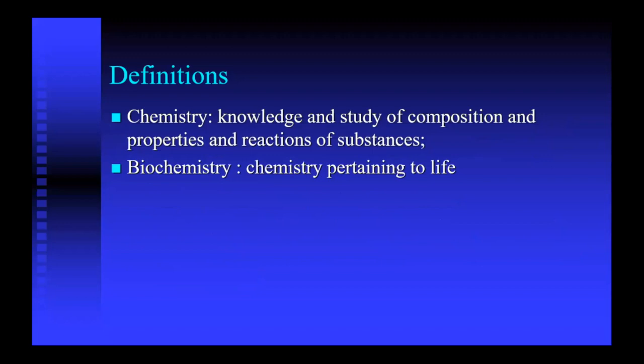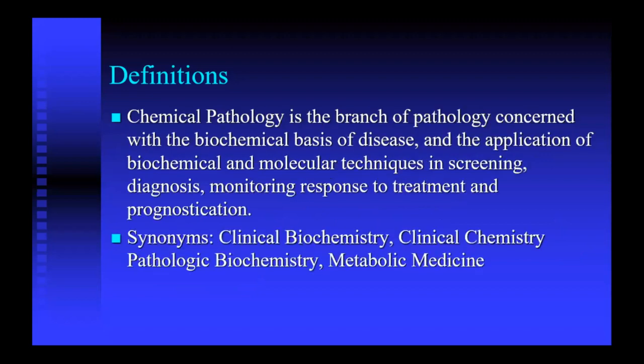In our context, chemical pathology is an offshoot of biochemistry, which is the aspect of chemistry that pertains to life, living organisms, and in our context, human beings. So chemical pathology is the branch of pathology that is concerned with the biochemical basis of disease and the application of biochemical and molecular techniques in screening, making diagnosis, monitoring response to treatments, and prognostication.